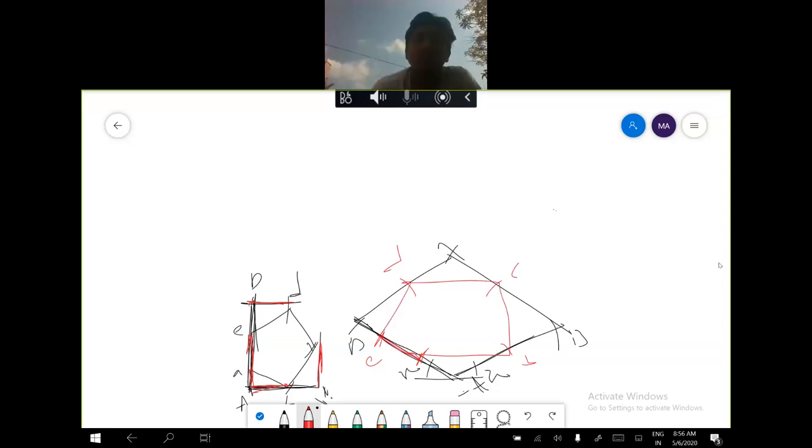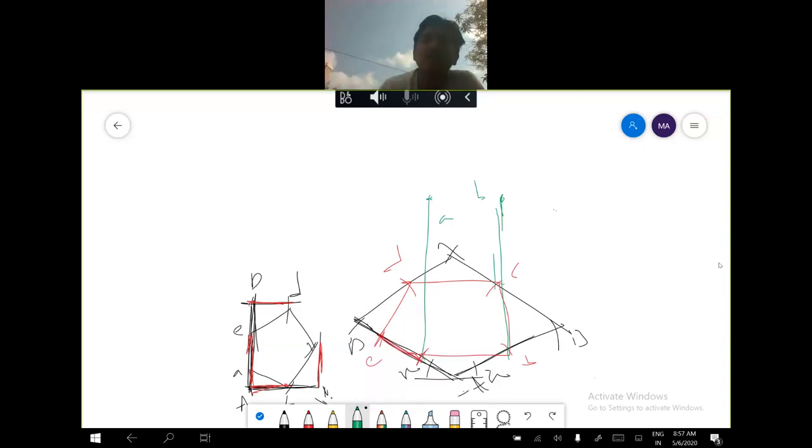After that, the given axis height is 90 mm. 90 mm means I am extending this one here. I will get a point A. I am extending this point here. I am getting a point B. I am extending 90 mm.